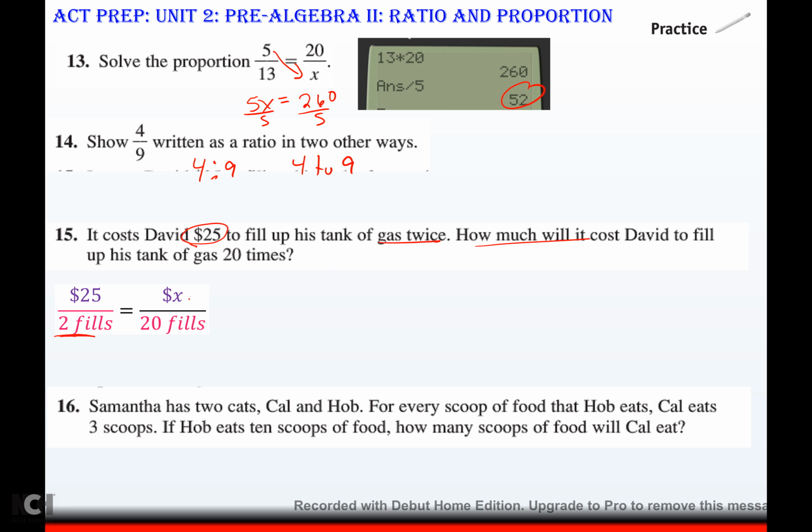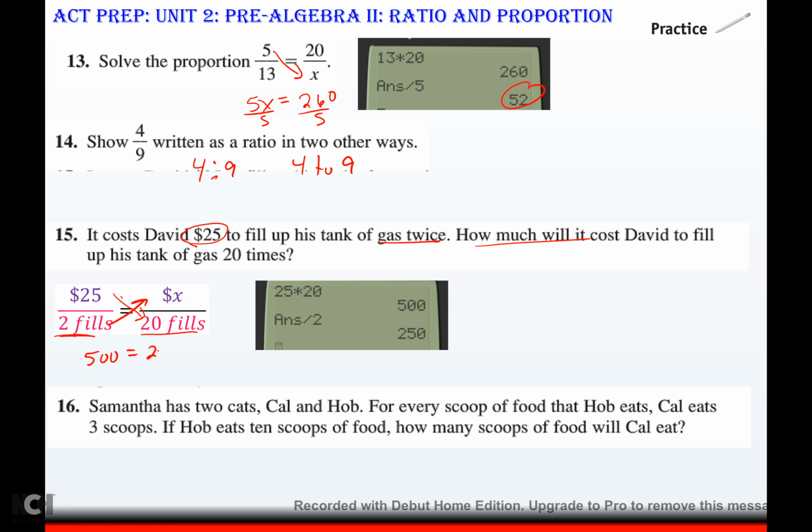How much will it cost to fill it up 20 times? So that's going to give me 25 times 20, which is 500, equals 2x, divide by 2, and x equals 250.